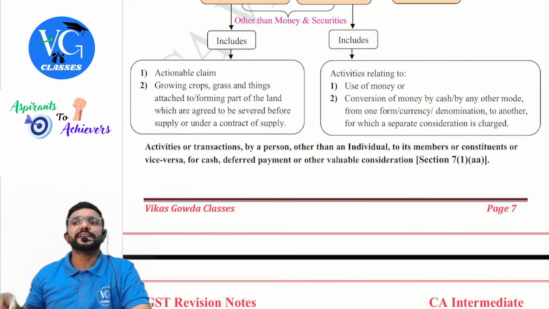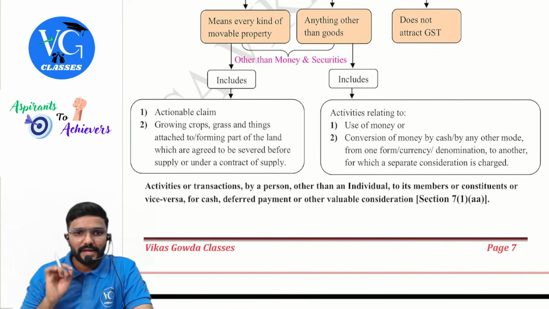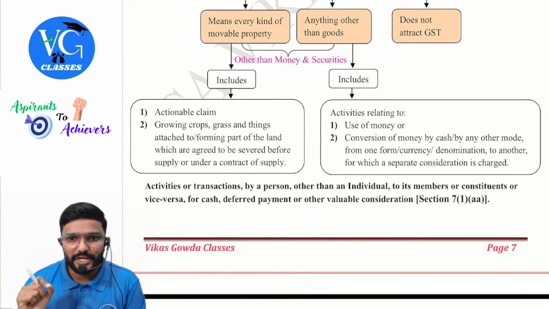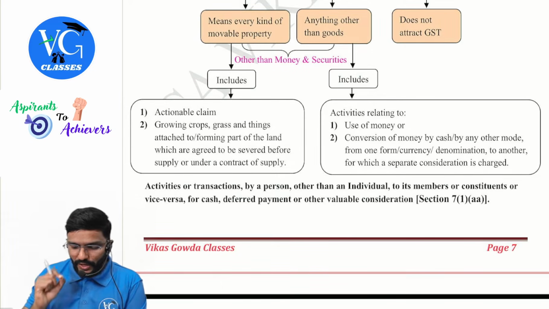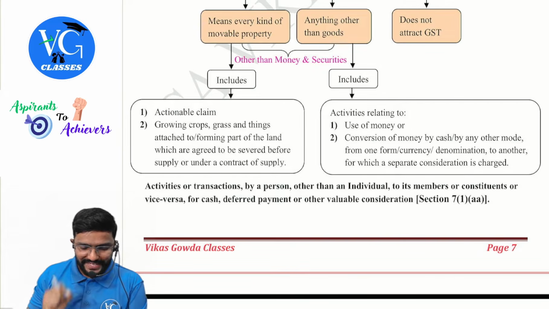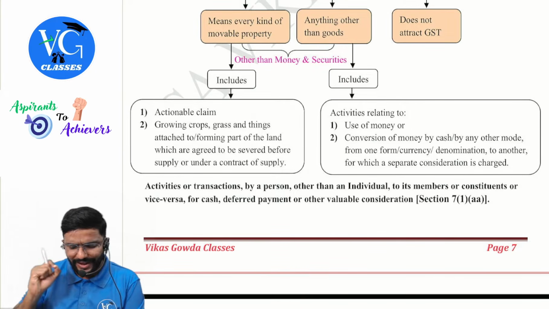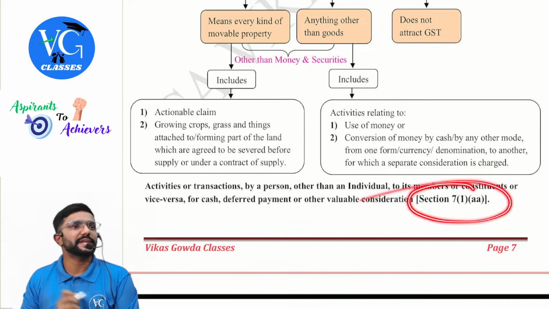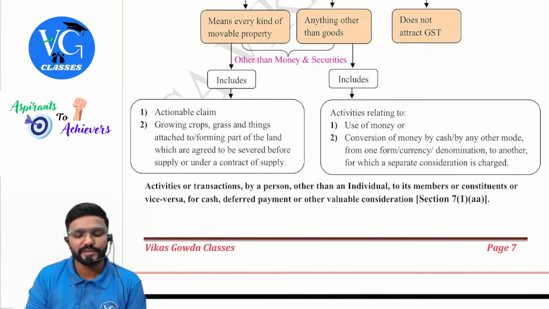Next, 7(1)(aa). Activities or transactions by a person other than an individual to its members or constituents or vice versa for cash, deferred payment or other valuable consideration. Means consideration should be there. Guys, here it is like this.